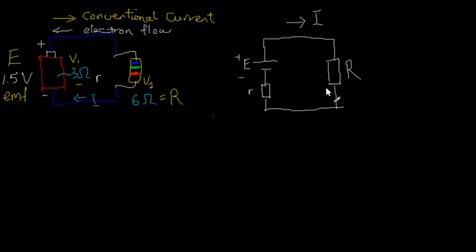And to do that, it would be nice if we can somehow find what we'll call a combined resistance or an effective resistance to represent the overall resistance of this big R and little r.